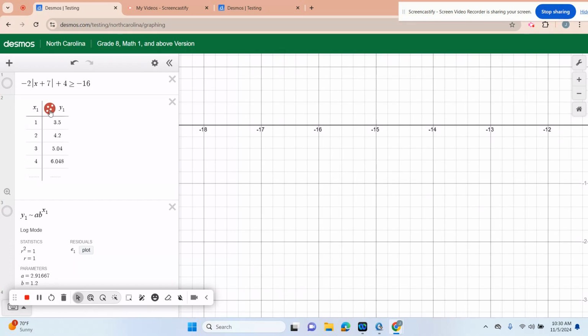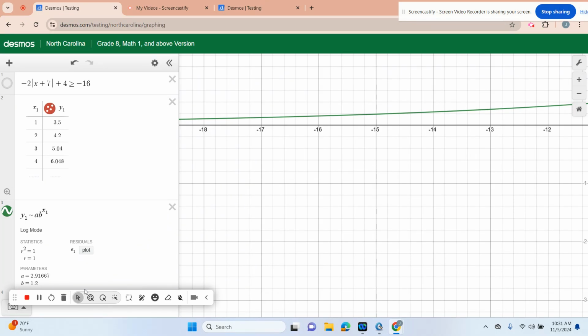Then I'm going to go to my next box down here, and I'm going to type it in as y sub 1. You have to use a tilde, not an equal. And then ab to the, and it has to be x sub 1. And you literally just type y1, x1, right? And what it's telling you here is it's going to use this x1 and that y1 for these values, and it's going to find the graph that comes closest to what we want.